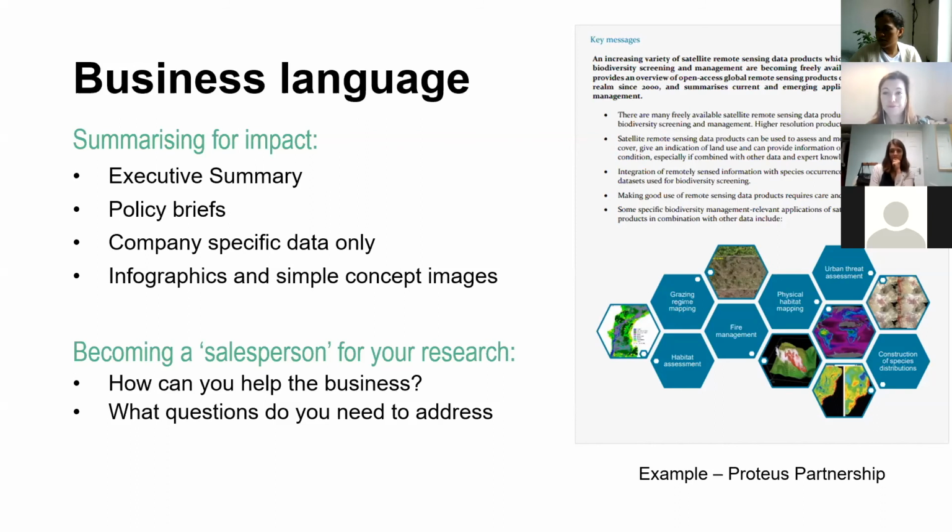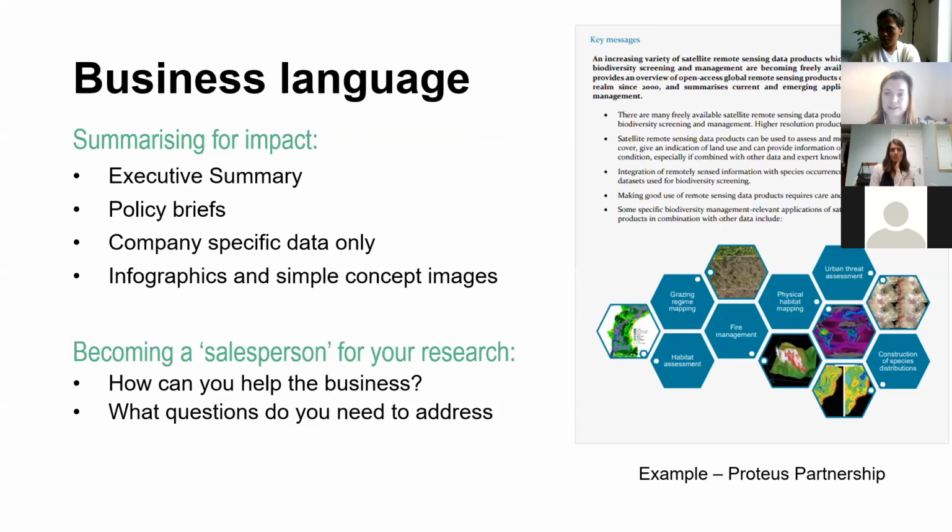So it can be really hard to write these because obviously, as the researcher, everything that you do is really interesting and will have an impact, which is where targeting your audience and knowing what key messages you need to get them to understand really becomes important, because writing these key message boxes, particularly summaries and high level findings, you want to pick the ones that are relevant to that particular company.